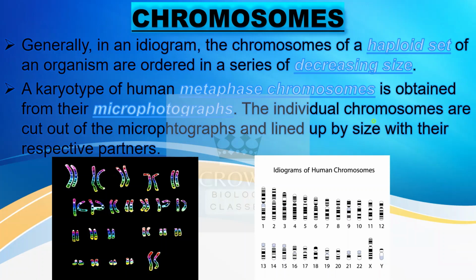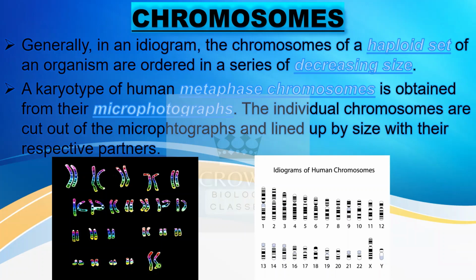A karyotype of human metaphase chromosomes is obtained from where? It is obtained from their microphotographs. The individual chromosomes are cut out of the microphotographs, and those chromosomes are lined up by size with their respective partners. As you can see in this picture, this is the karyotype of the human metaphase chromosomes. These are the homologous chromosomes, and each chromosome has its respective partner, arranged in the order of their decreasing size.